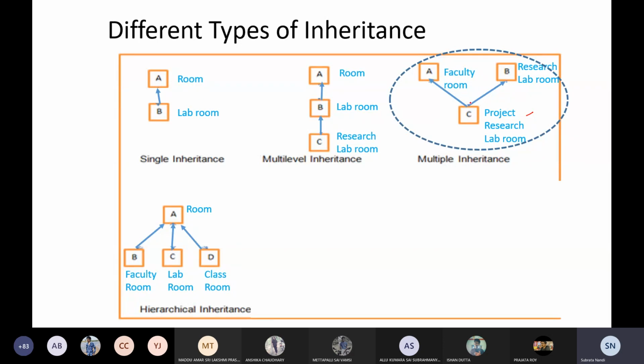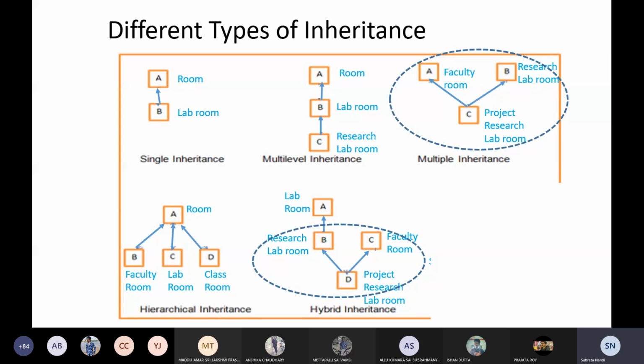So we can think of a project research lab room as inheriting the properties of a faculty room, and also inheriting some properties from the research lab room. We can upgrade that. This research lab room, we already found, can be inherited from the lab room.